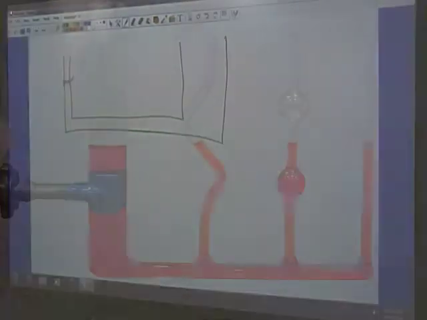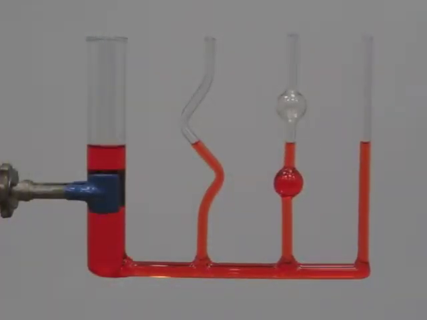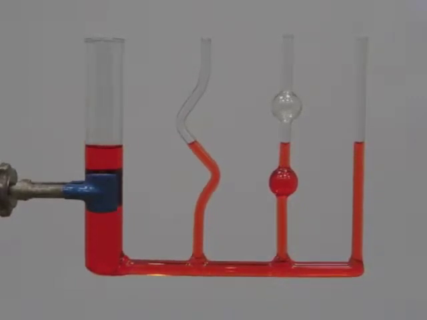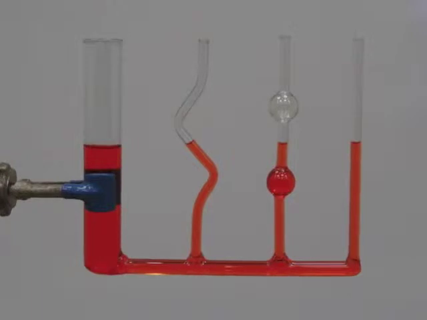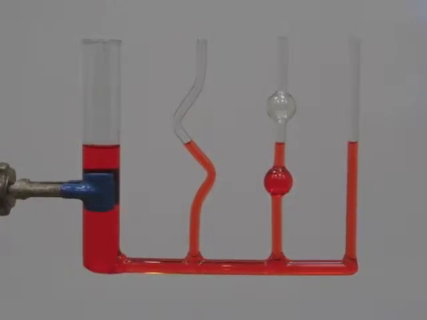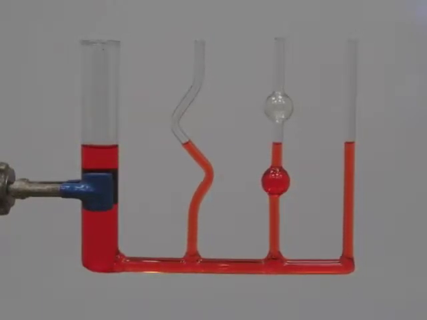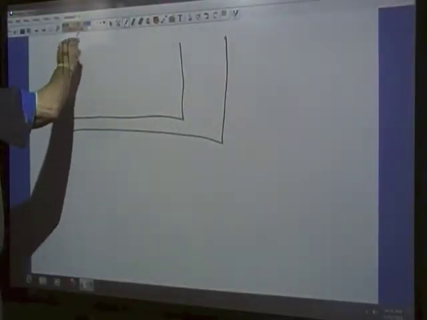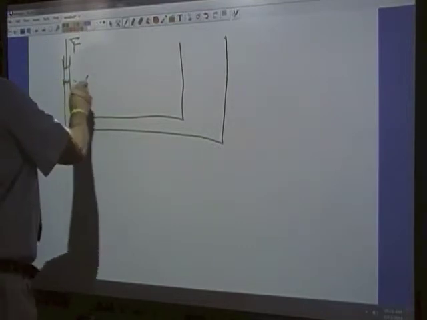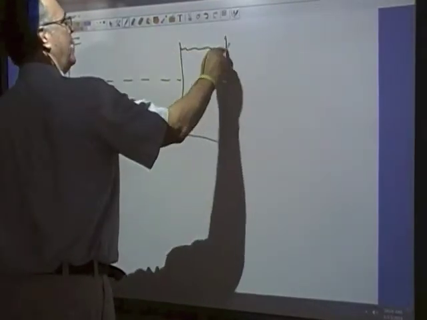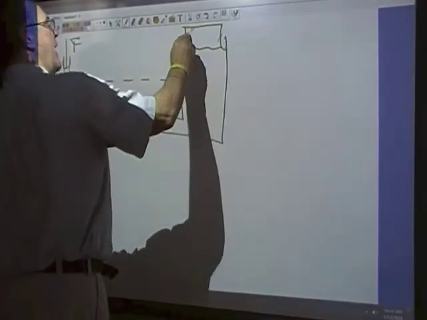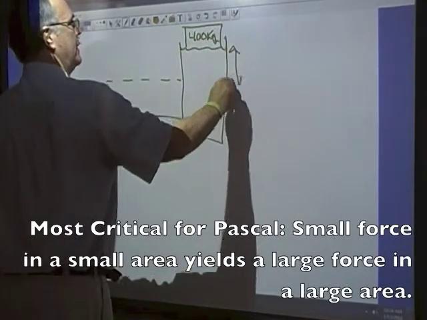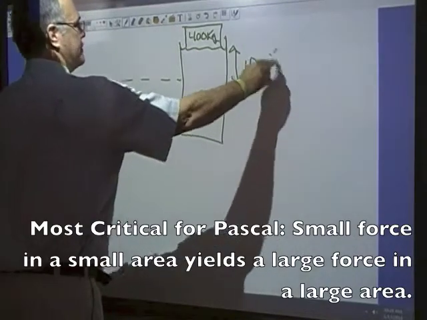We see it every day, don't we? Okay? So, notice that these 4 tubes are all opened at the top. I don't care which tube you put red water into, they will all rise at the same rate and they will all maintain the same level horizontally. The question is, what force do I need there such that I can lift a 400 kilogram mass 10 centimeters?